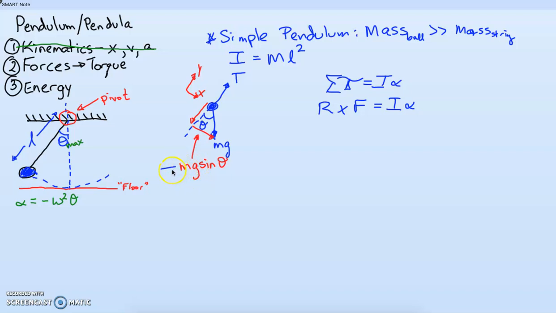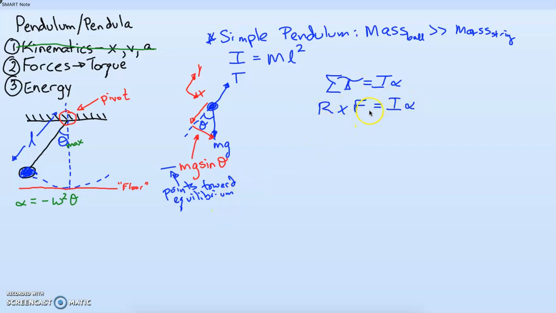So since it's pointing back towards equilibrium, we need a minus sign. So let's label that guy: points toward equilibrium.